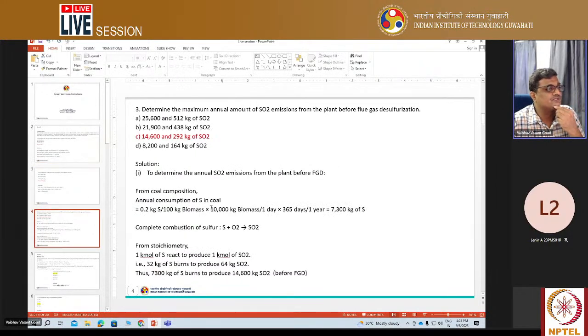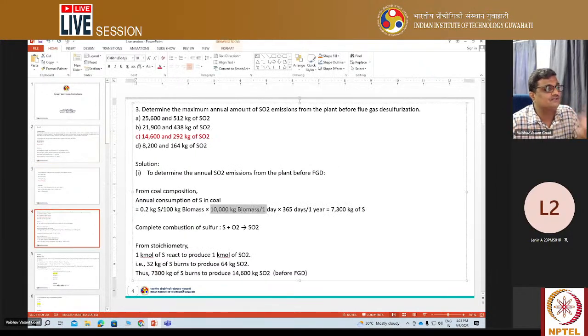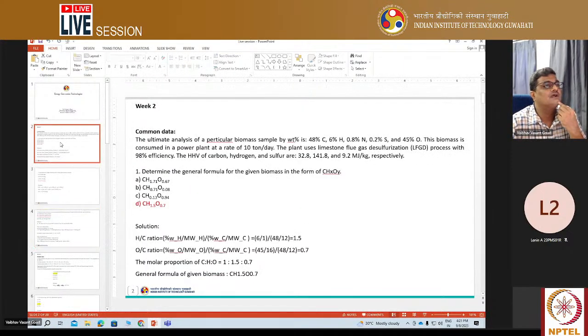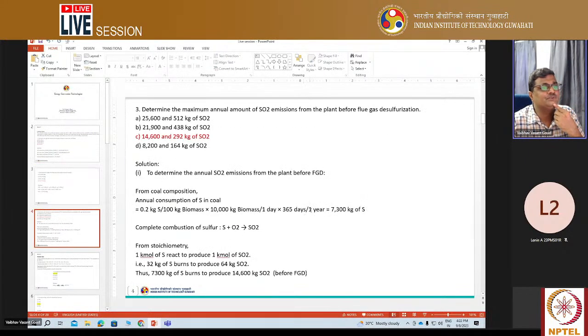So once you convert that into specific quantities, and then per day basis, 365, it comes out to be around 7300 kilogram of sulfur.